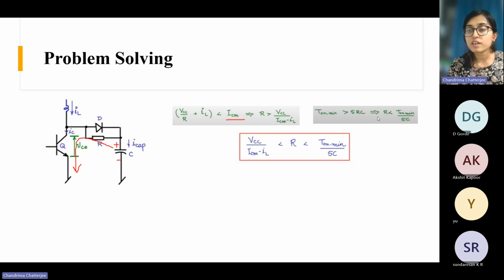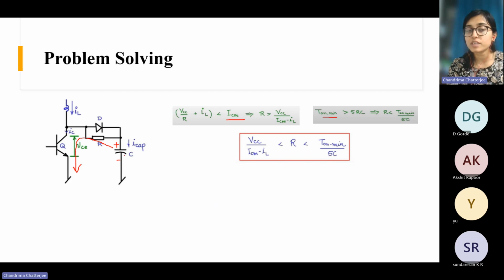Another inequality is that this discharging duration should be less than the on time of the device. So T on minimum should be greater than 5 RC. Otherwise, the discharging will not be complete. If during the discharging process the MOSFET is off, then the discharging will not happen, right?